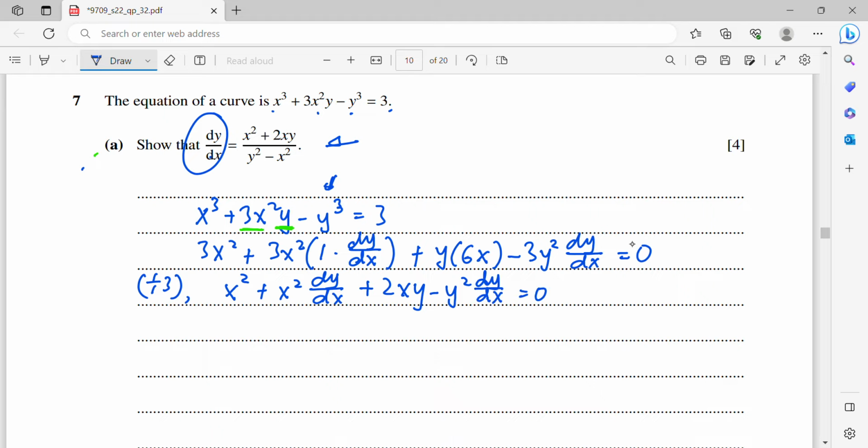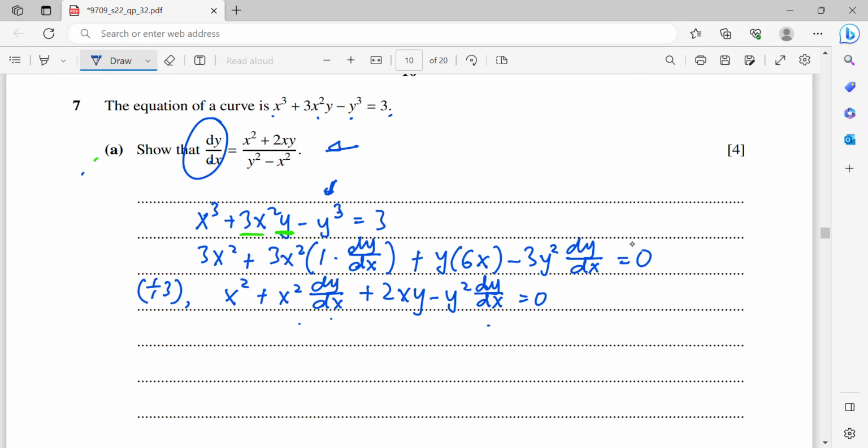Then, for the second and third term, you keep it on the left hand side and at the same time factorize the dy dx. So I will get dy dx times (x squared minus y squared) equals, the rest of the terms will be moved to the right hand side. So I will get negative x squared, negative 2xy. Okay, and now we need to prove this.